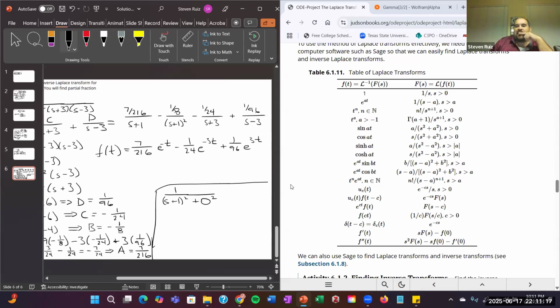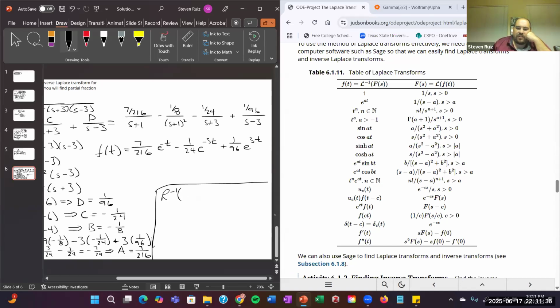So this line, t to the n times e to the at. So that n factorial over s minus a to the n plus 1. So let's think about this. What is our value of a? So this didn't do us any good. So we have this inverse Laplace transform.